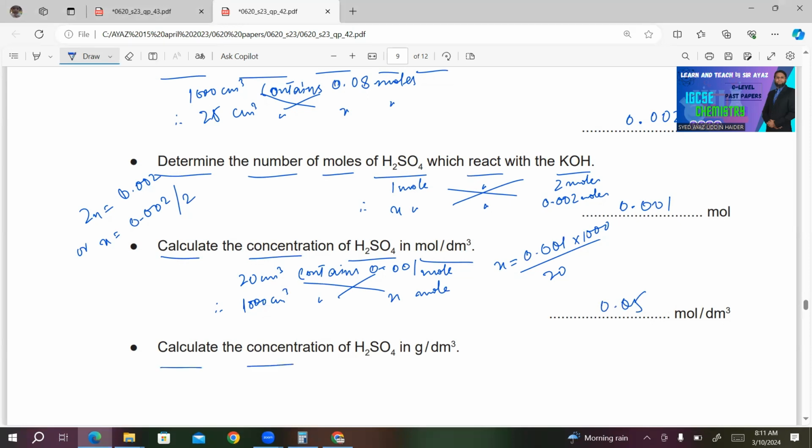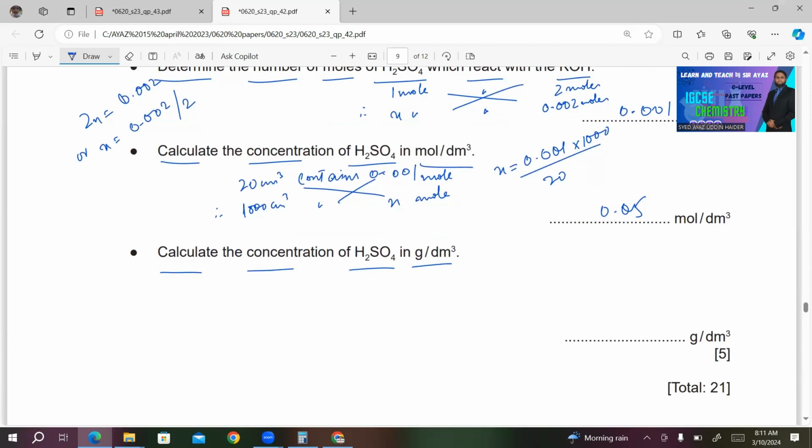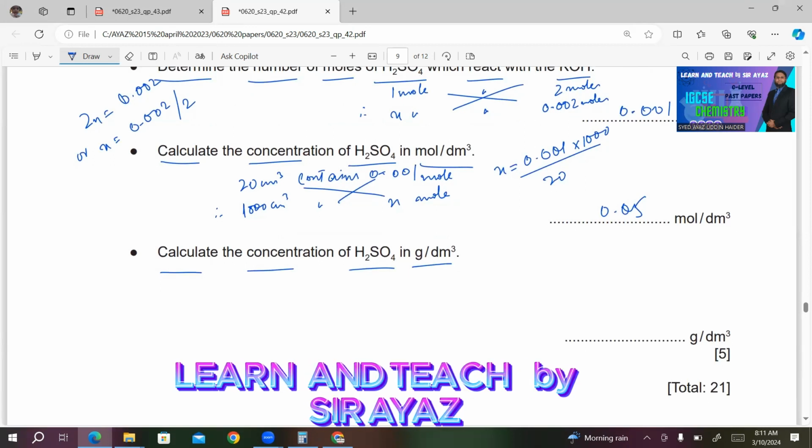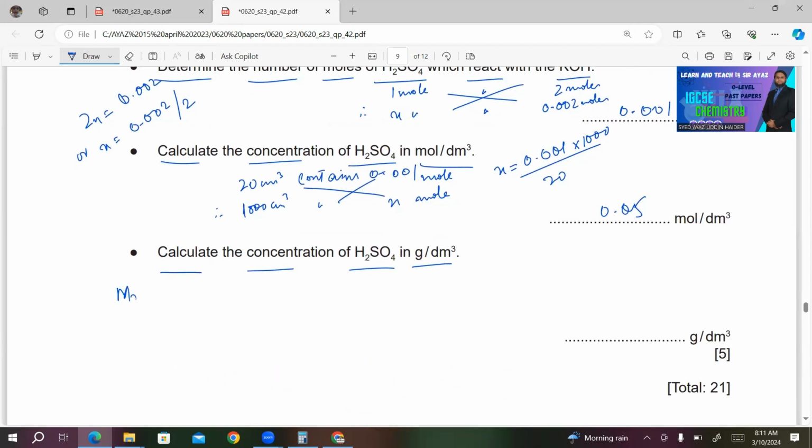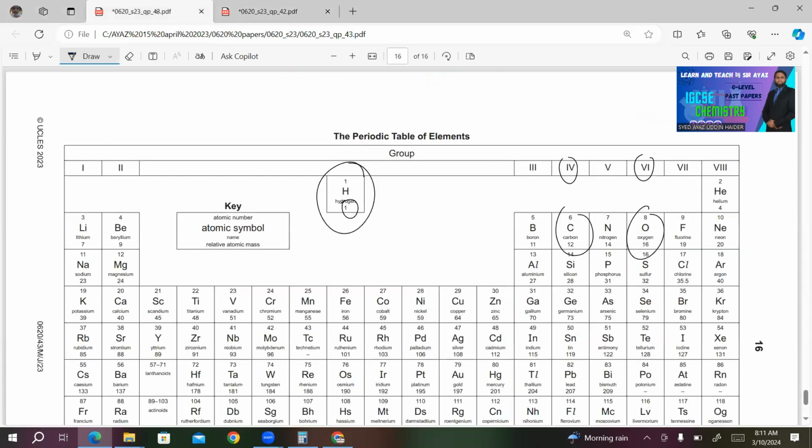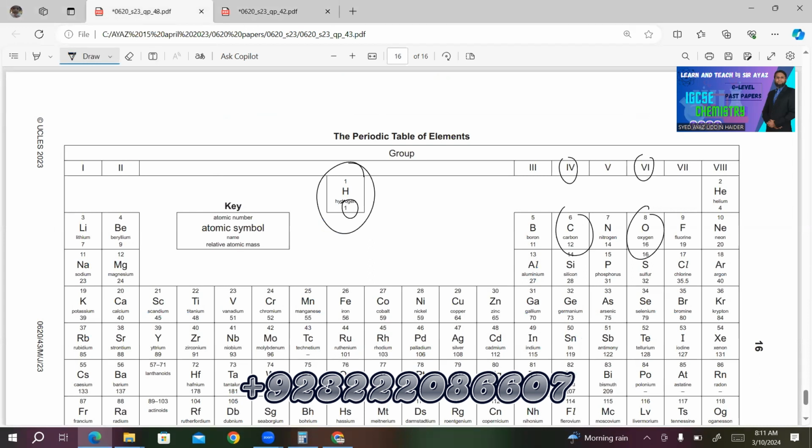Next part, calculate the concentration of H2SO4 in gram per dm cube. For this, we need to calculate the MR of H2SO4. We have two atoms of hydrogen. Two will be multiplied by the mass number of hydrogen, which is one. What about sulfur?